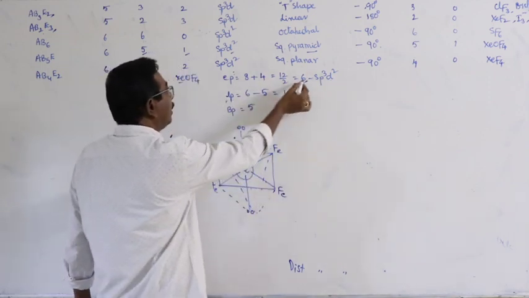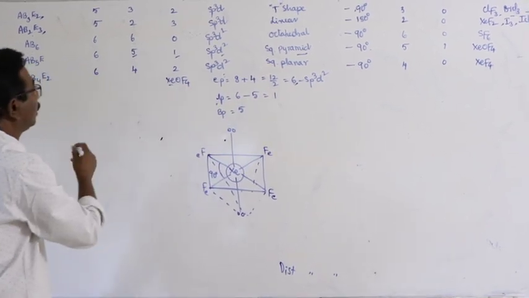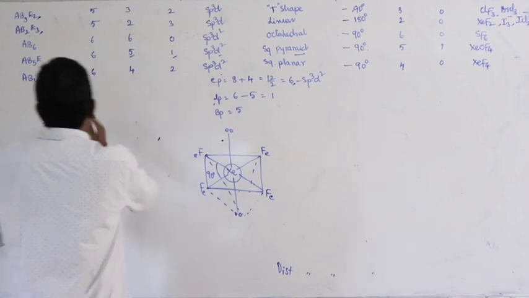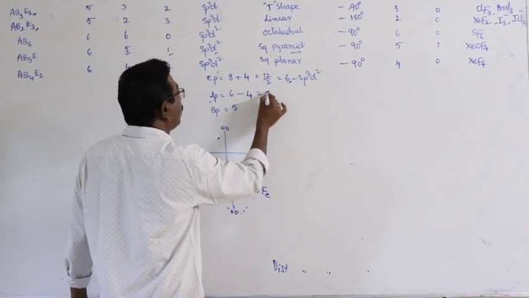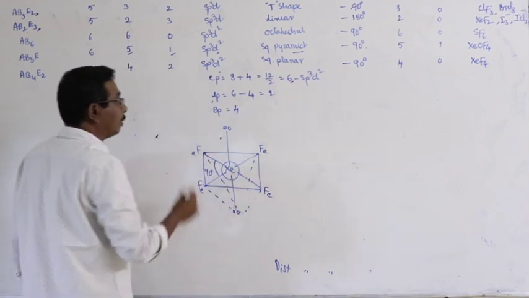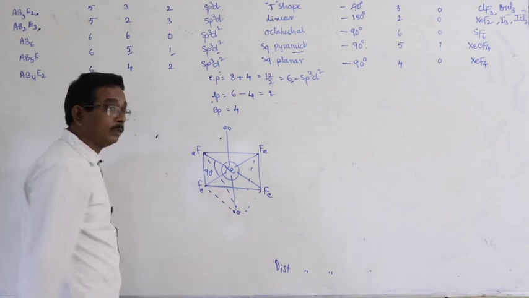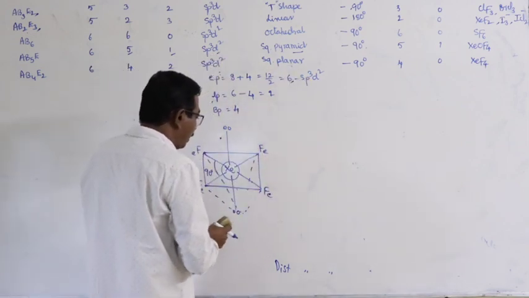Number of lone pairs is electron pairs minus bonded atoms: 6 minus 4 is equal to 2. Number of bond pairs 4: 1, 2, 3, 4. Lone pairs 2. And here the shape of the molecule is square planar.